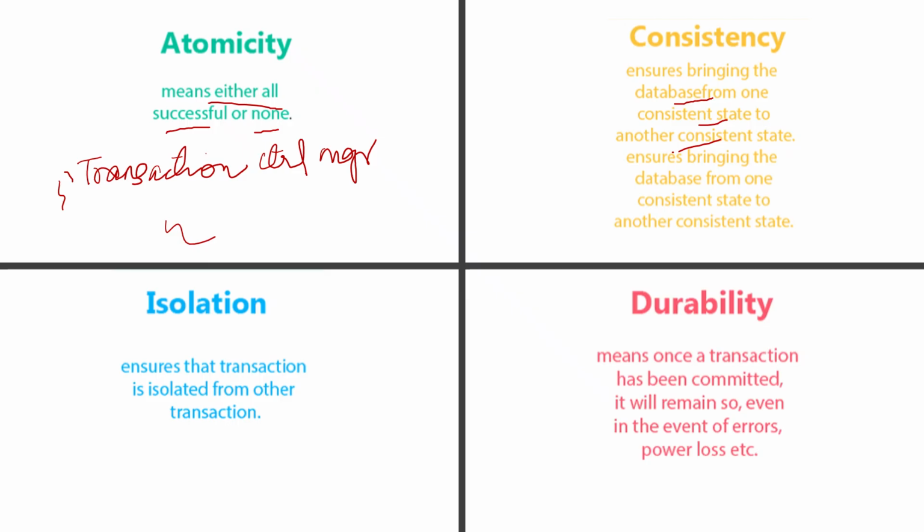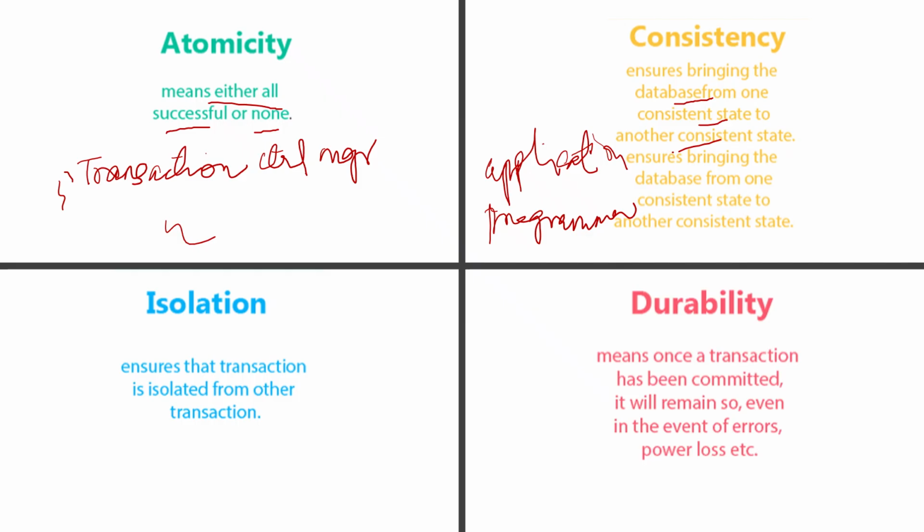It has to maintain the integrity of constraints during the transaction, and the database should remain in a valid state before and after the transaction also. And who holds the responsibility? The application programmer holds the responsibility for this consistency.